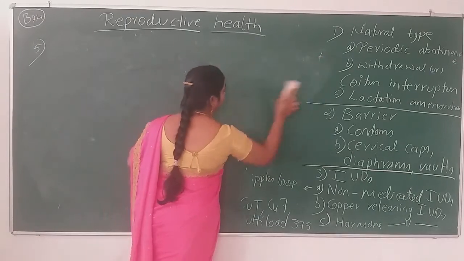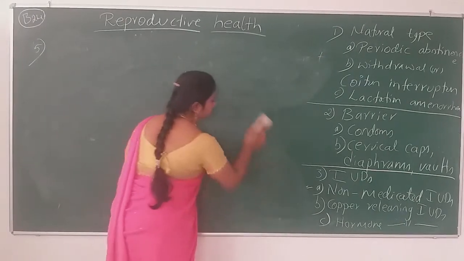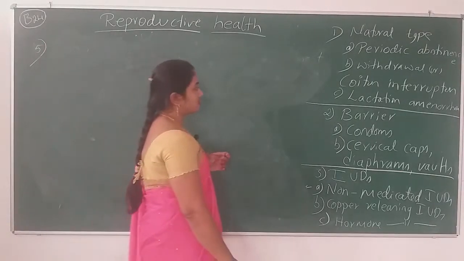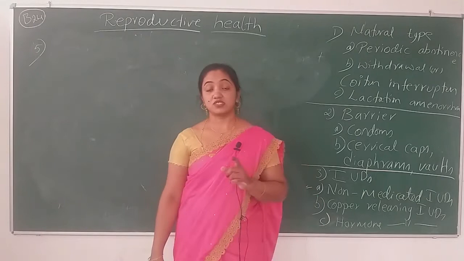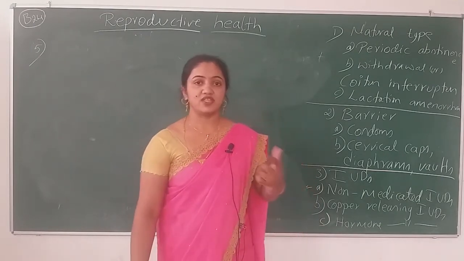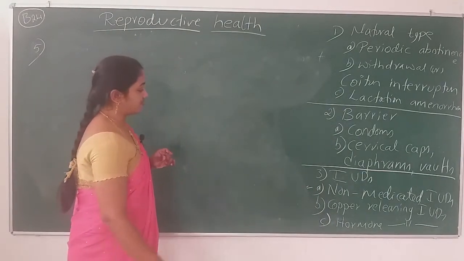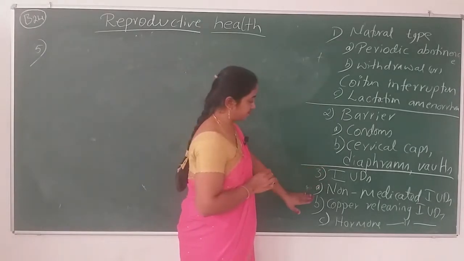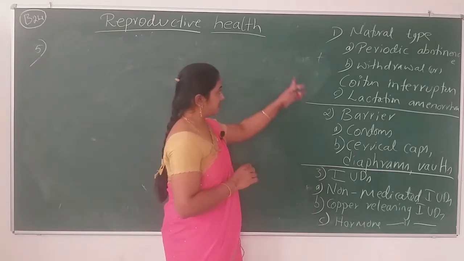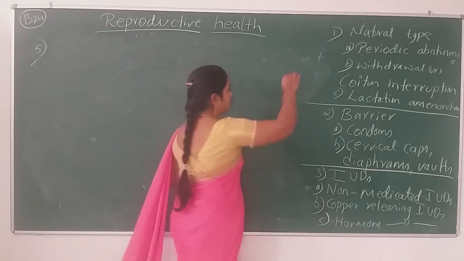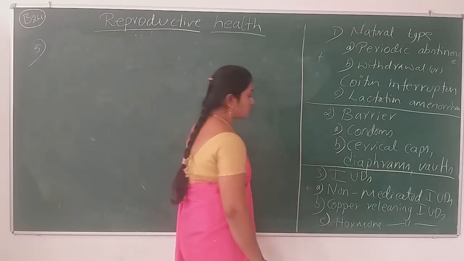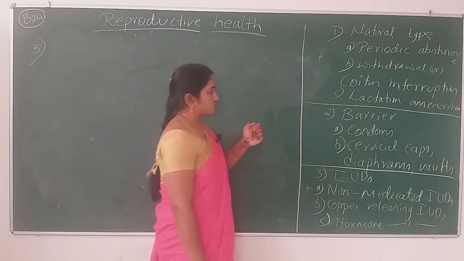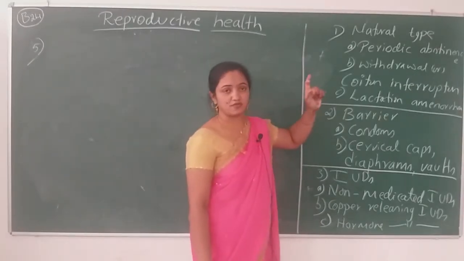This is the sixth type of contraceptive, and it is the one most commonly adopted by people in their life, the most preferable contraceptive. Let me write the contraceptives in detail on the board so that you can copy them one more time, and you have to write it 2 or 3 times so that it stays in your mind.